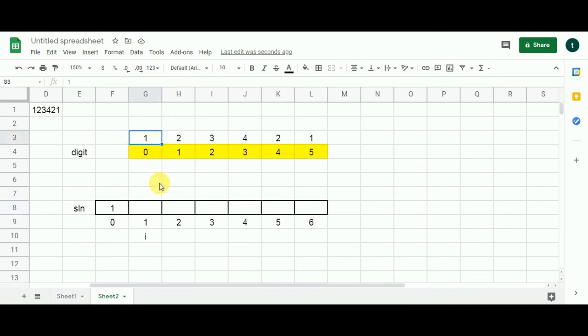This means that there is only 1 in our digit sequence. When there is only 1 in our digit sequence, how many possible decodings can there be? Only 1, A, because the first alphabet is A. So I'm going to populate this cell with 1.